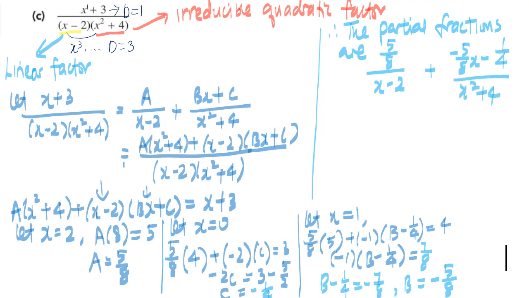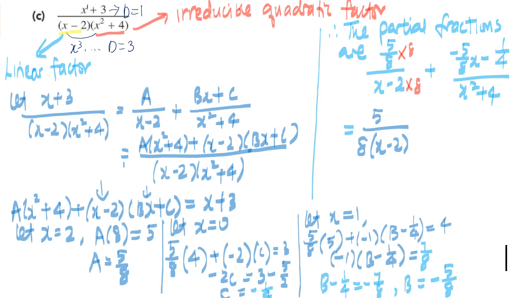Okay, so we're going to use the same trick that I taught you just now. If you look at the first partial fraction, look at the numerator, you just multiply by 8. Then you end up getting 5 over 8 times 8 over 1, that gives you just 5. Remember to bracket the x minus 2.